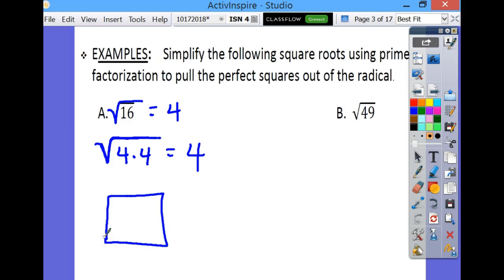If I had a square and the area of the square is 16, what would the side of the square be equal to? 4. Did you know that that's what you're finding when you find the square root? If the area is this much, the side is 4. And that's why it's called a square root, is because it's tied to a square that you learned about in geometry.